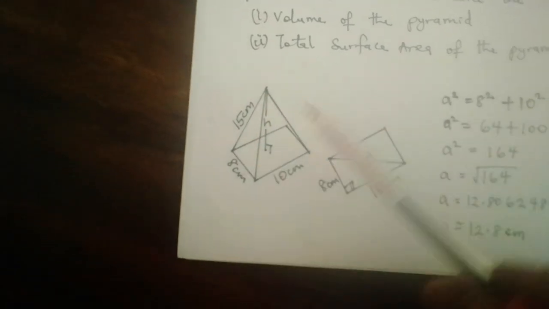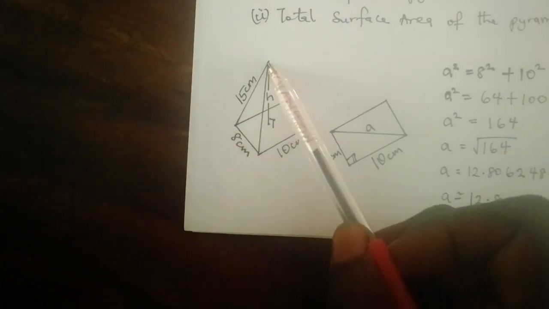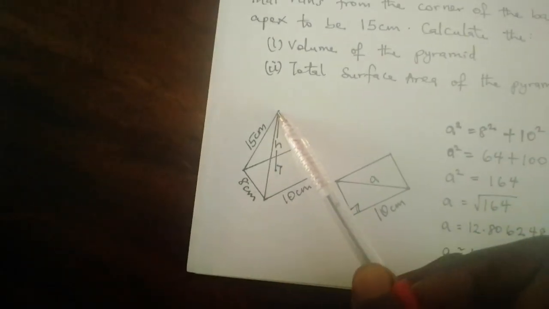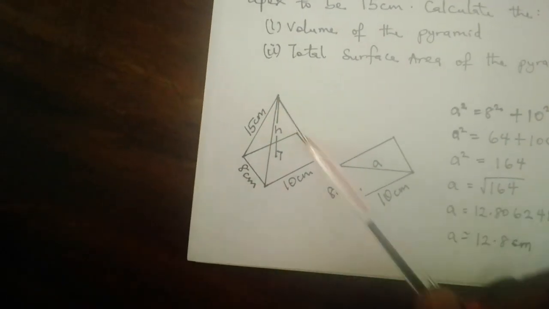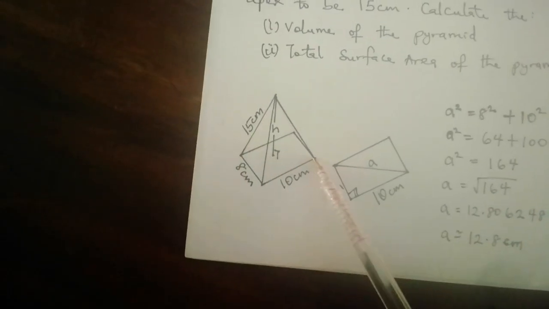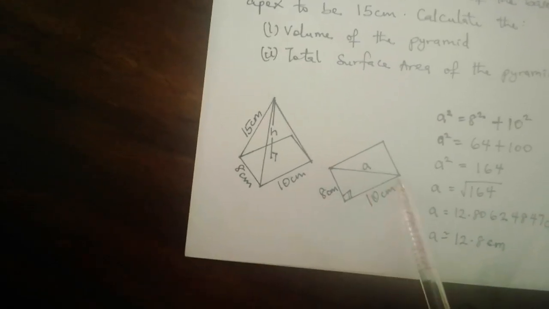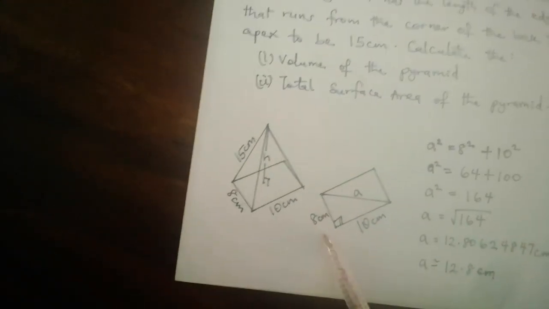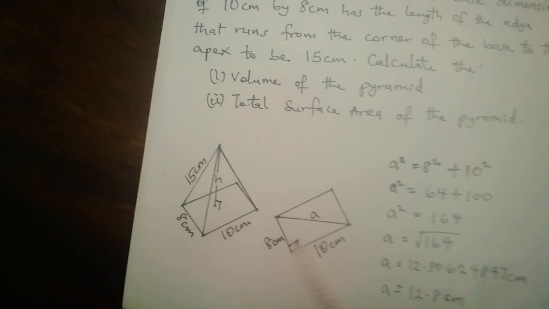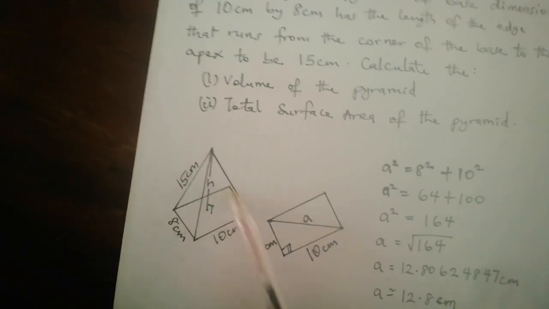For us to know it, you realize that this height, slant height, and this one are going to form at the diagonal of this rectangle. So first of all, let's get the diagonal of this rectangle. This is 8 centimeter by 10 centimeter. I'm talking of the base now.